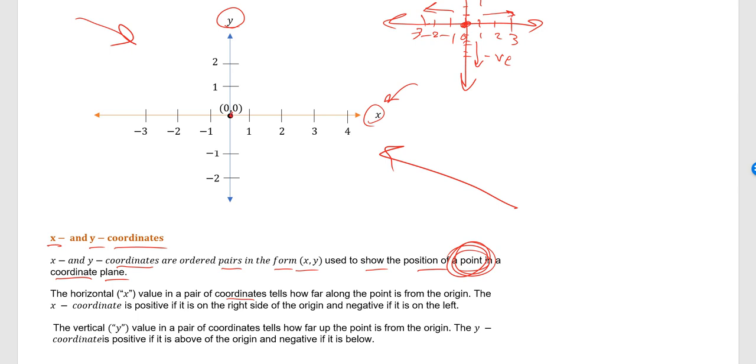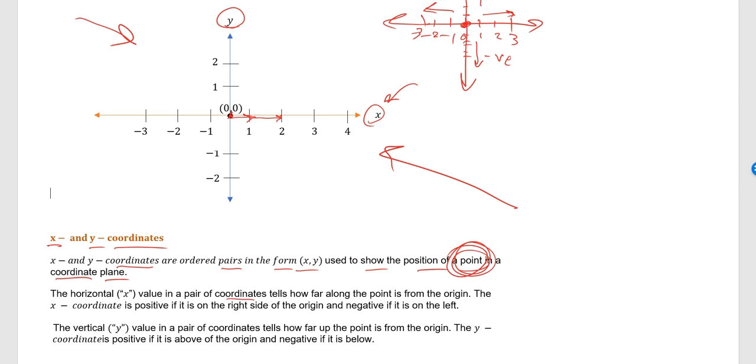So you start from the origin, which is (0, 0): 0 on x and 0 on y. And then let's say the x value is 2. So you go 2 units from the origin. So 1, 2. So this would be a point for x. And let's say you had a y value of 1.